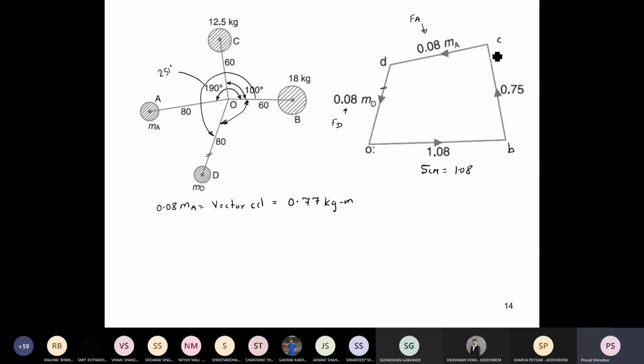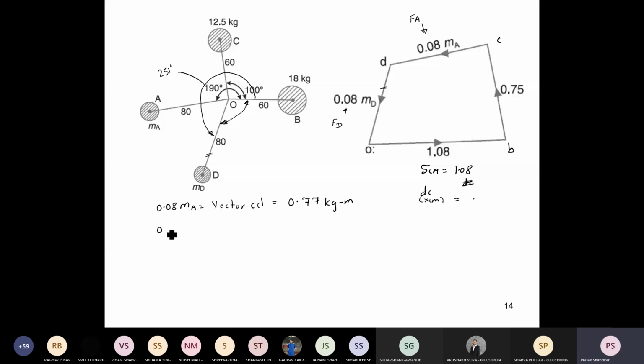So measure DC. DC is whatever x centimeter. So how much is that in kg meter?